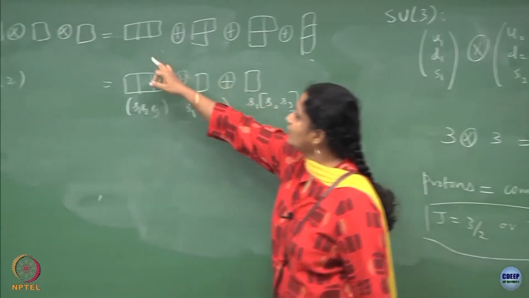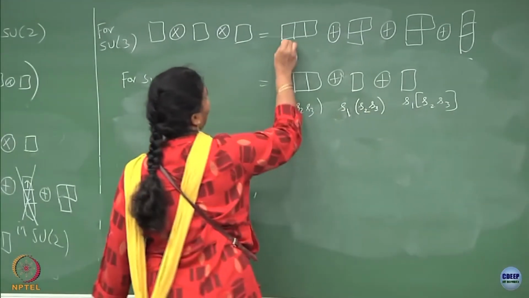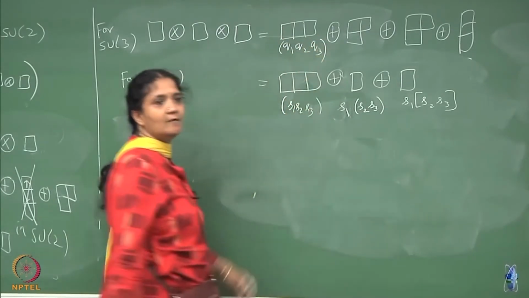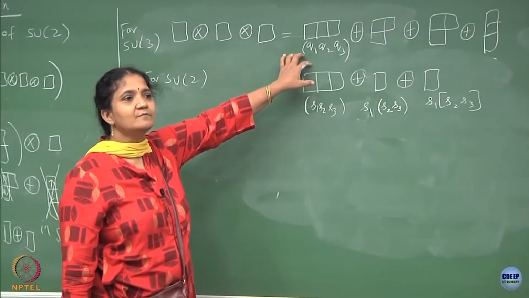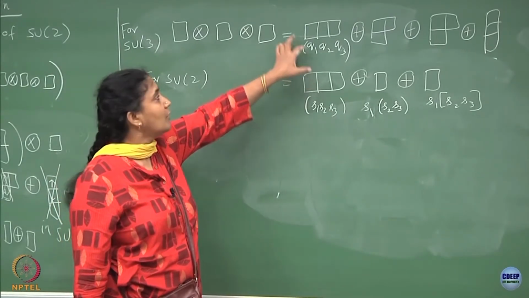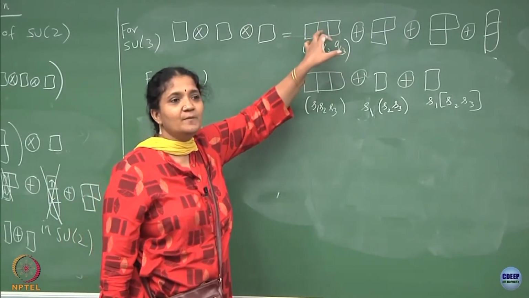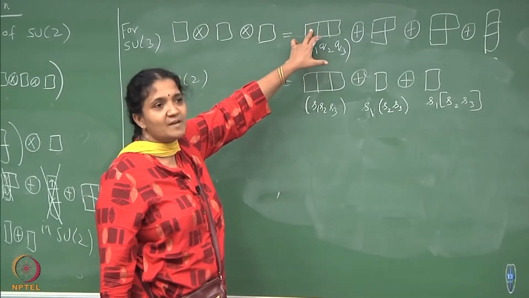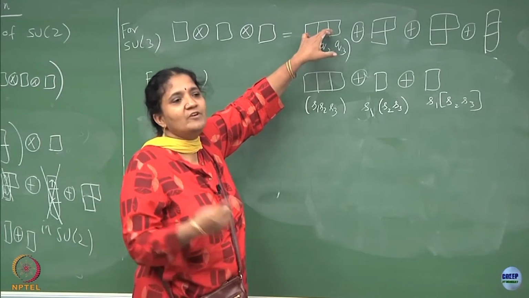So let me do it here. What will happen here? There will be a Q1, Q2, Q3 which is symmetric. Because the diagram forces you, it should be a symmetric. If you interchange the object which I put in this box and this box, you do not get anything new.